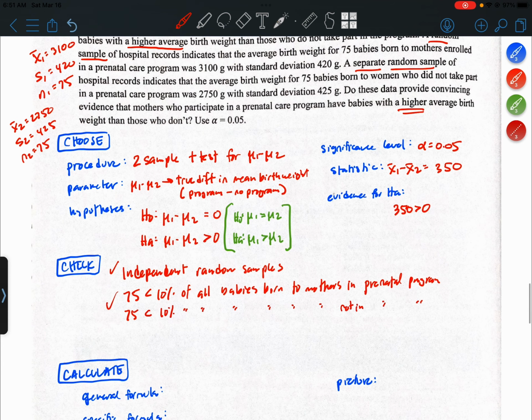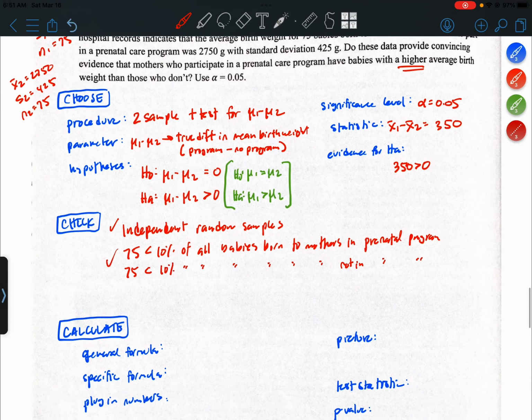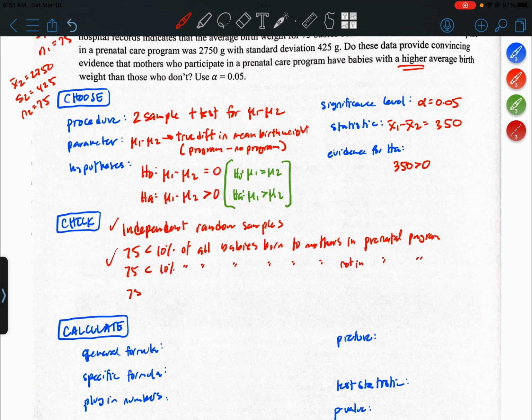So that satisfies the 10% rule. Also, 75 is greater than 30 for both samples, so the last condition is met by the central limit theorem.